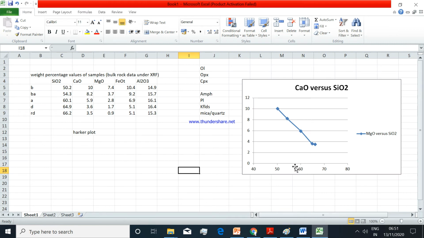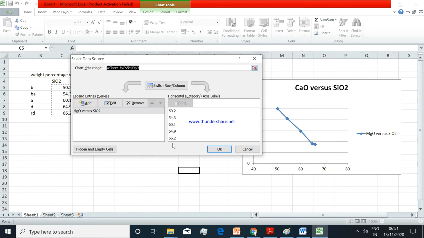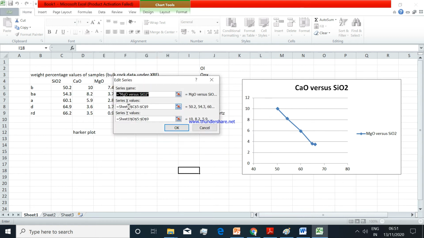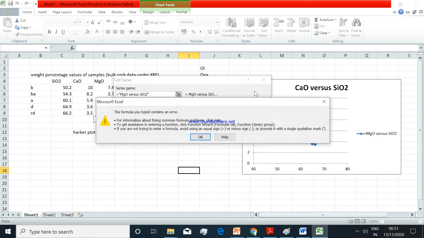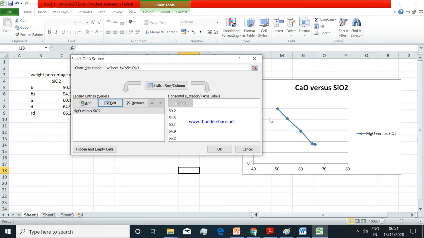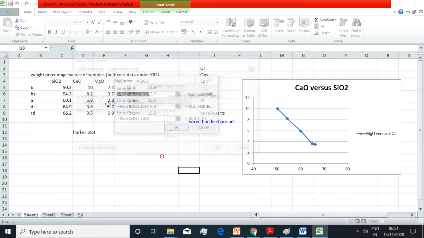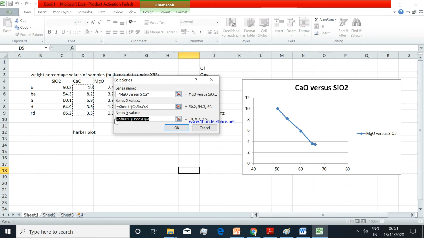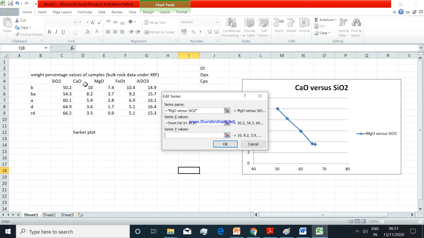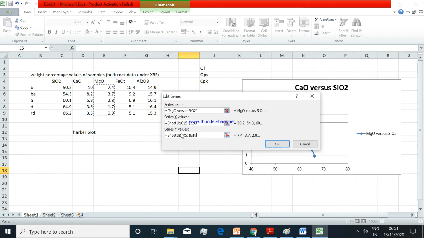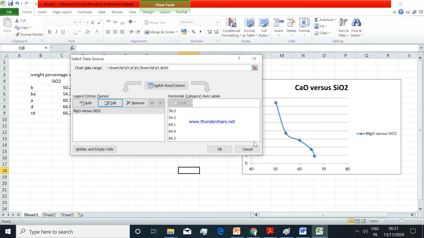And the thing is that with increasing silica content, that is along the x-axis, the lower the silica content, the higher the magnesium. The lower the silica content, the higher was the magnesium oxide, and the higher the silica content, the lower is also the calcium oxide.